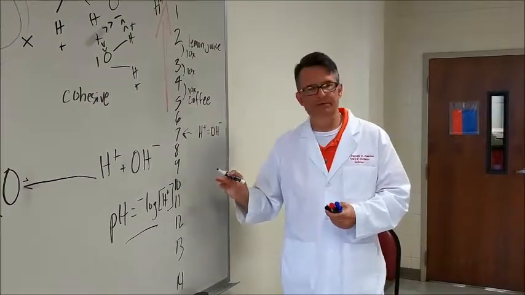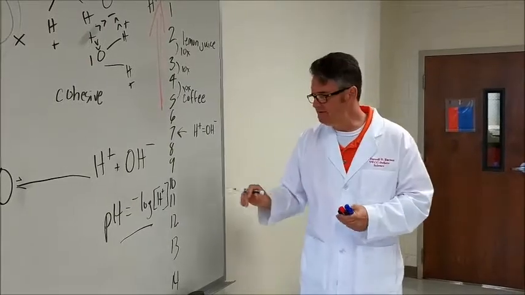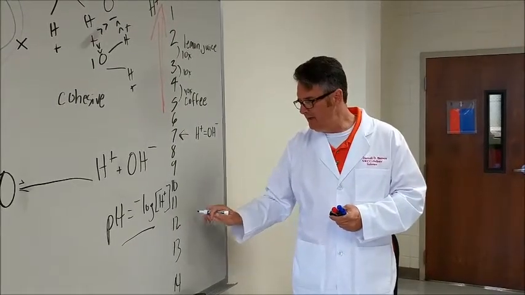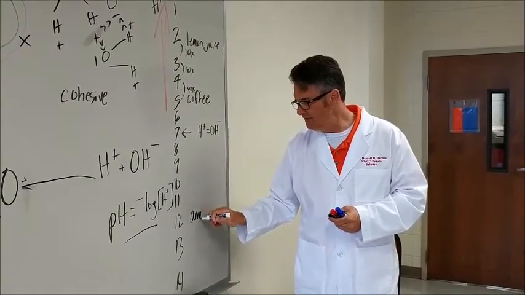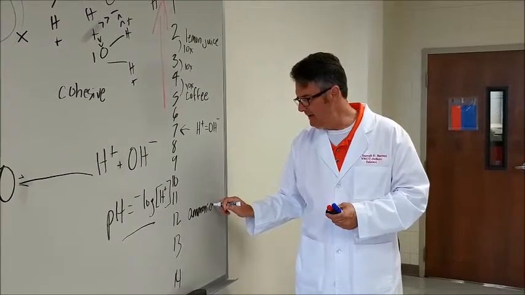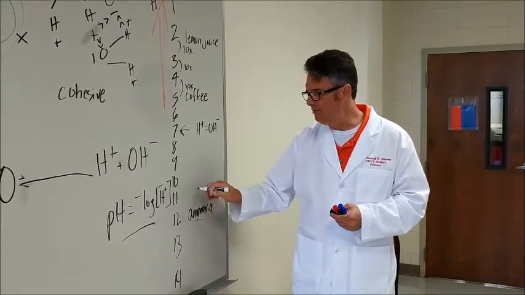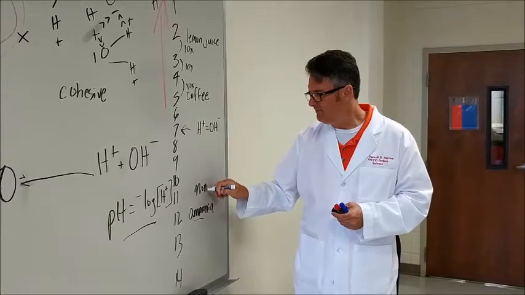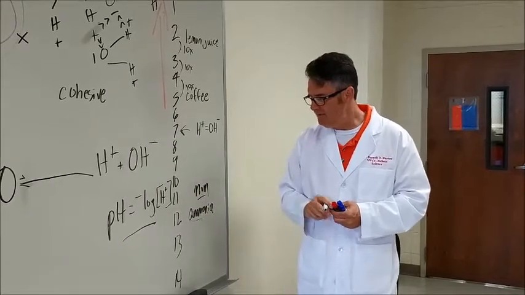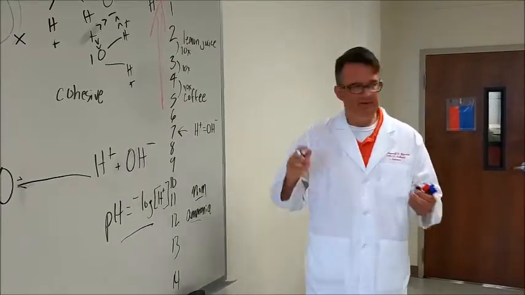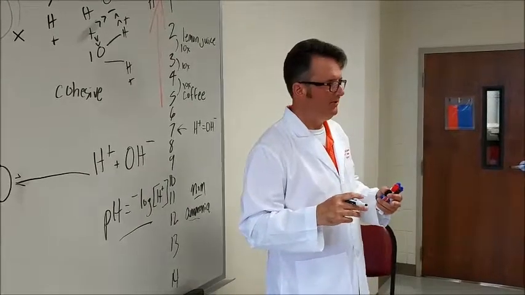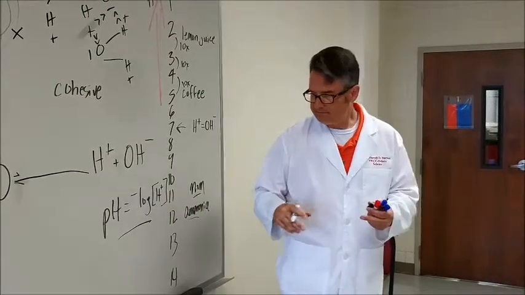There are some other molecules that you might recognize. Ammonia is found in a lot of cleaners. It's probably got a pH of 11 or 12. Milk of magnesia is another one. Here's something that's really important for you and I to remember.